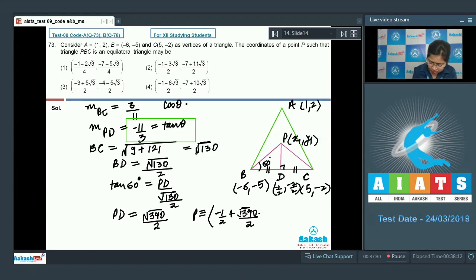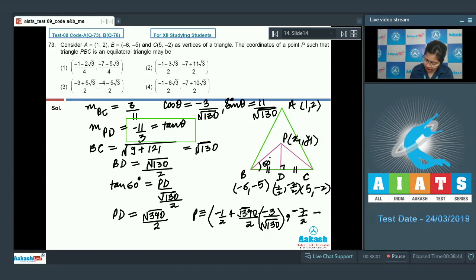So cos theta will be equal to minus 3 upon under root 130 and sin theta will be equal to 11 upon root 130. Now substituting here we will get minus 3 upon under root 130. The y coordinate will be minus 7 by 2 plus r, that is PD, root 390 by 2 into 11 upon under root 130.